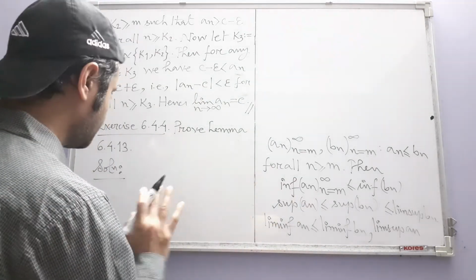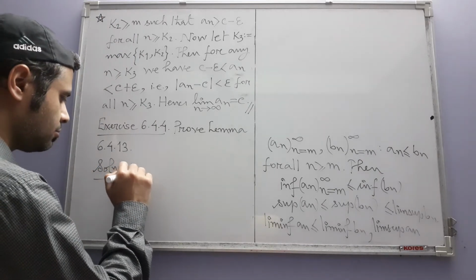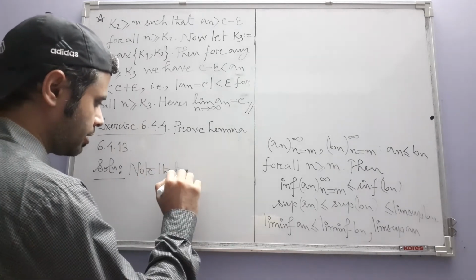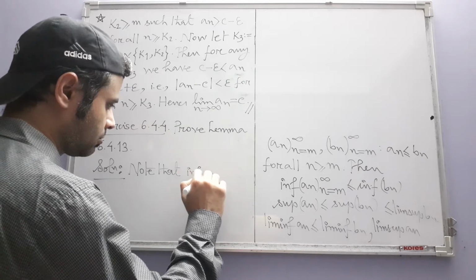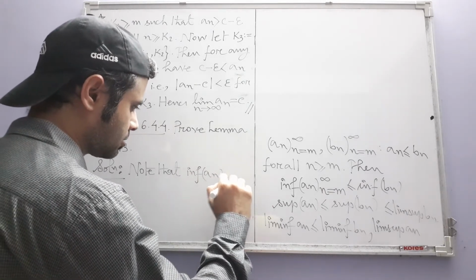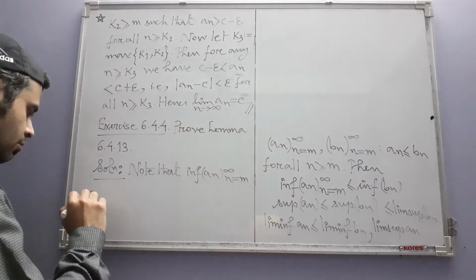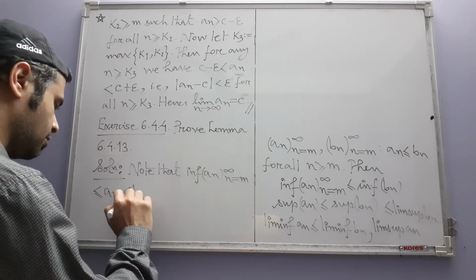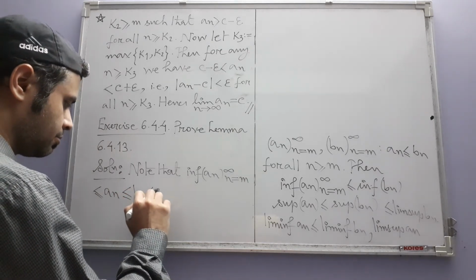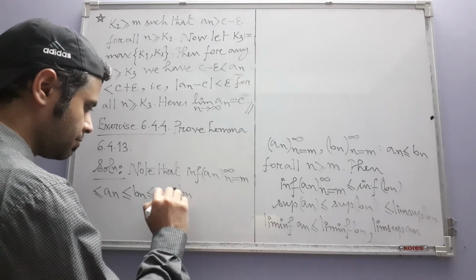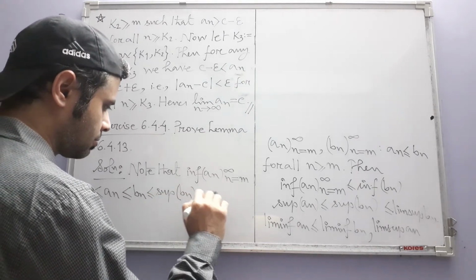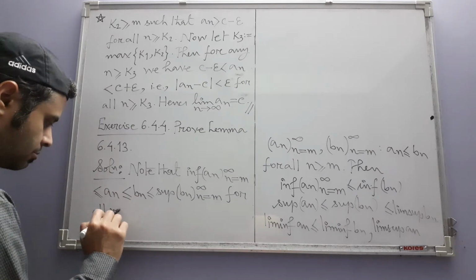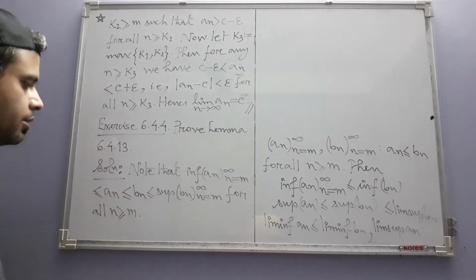Okay, so these things are given. So we are going to start like this. Note that the infimum of our sequence is less than or equal to An, that is given to be less than or equal to Bn, that is less than or equal to the supremum of Bn, for all n greater than or equal to m.